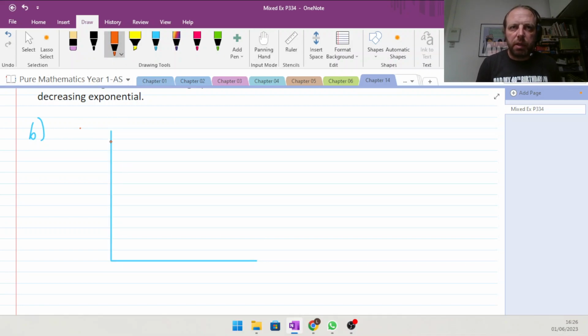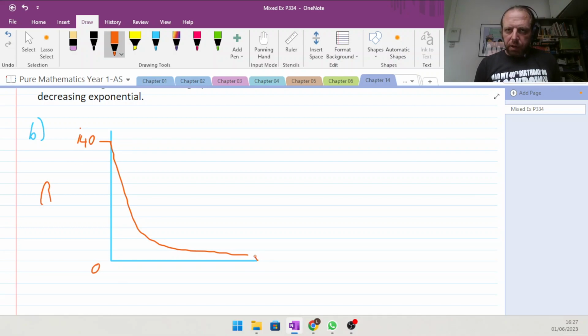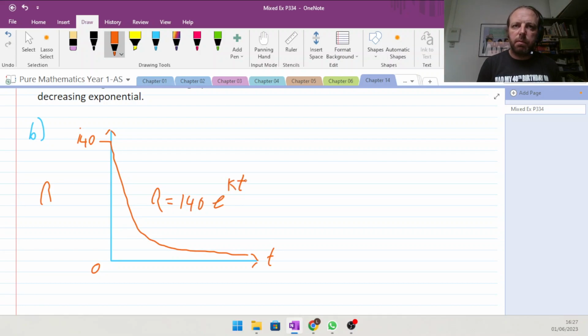And we're going to have that coming down here like this. And that's going to be 140. This is R, 0, and t. And that's about it. Really, there's nothing more to add into that.